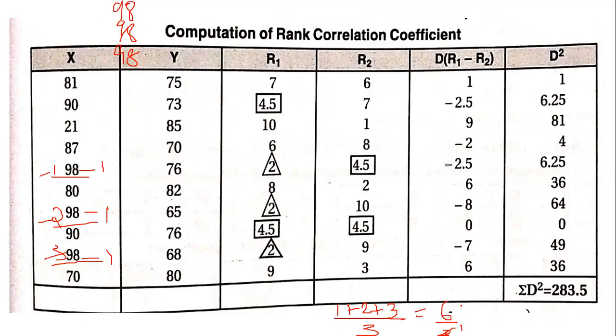The average is 2 here. So instead of giving them first rank, first rank, first rank, I will give all the 3 second rank, second rank and second rank. Why am I giving this? Because the average rank of all the 3, I got it as 2.